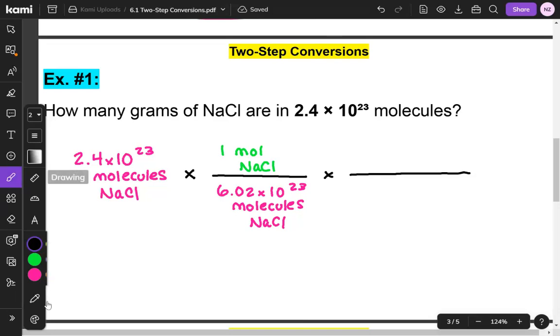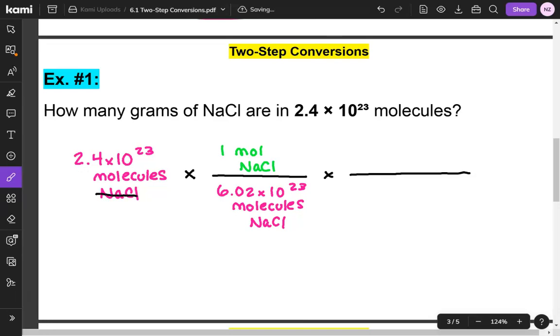Now, if we cancel out our units here, we can also cancel out our power because they're both times 10 to the 23rd. So now we're in units of moles.